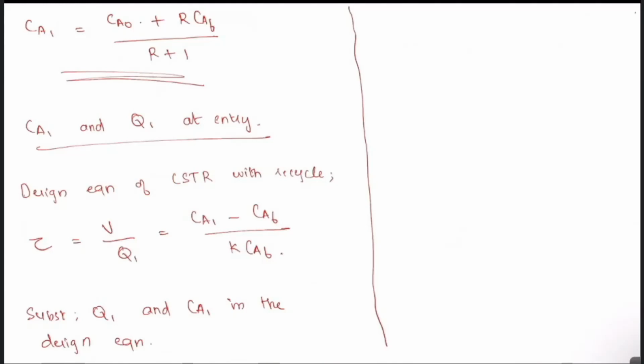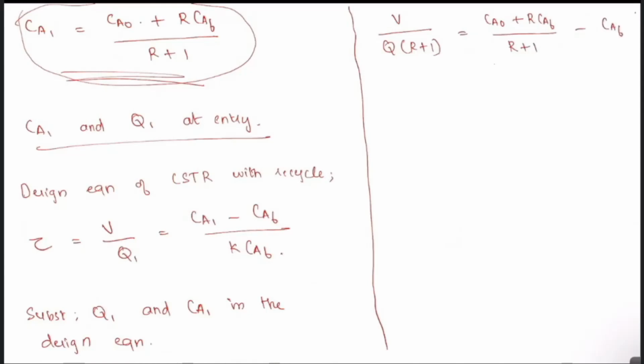Okay, so V by Q1 is basically Q into R plus 1, and that will become CA1, and CA1 we just found out here, that will be CA0 plus RCAF by R plus 1 minus CAF the whole by KCAF.